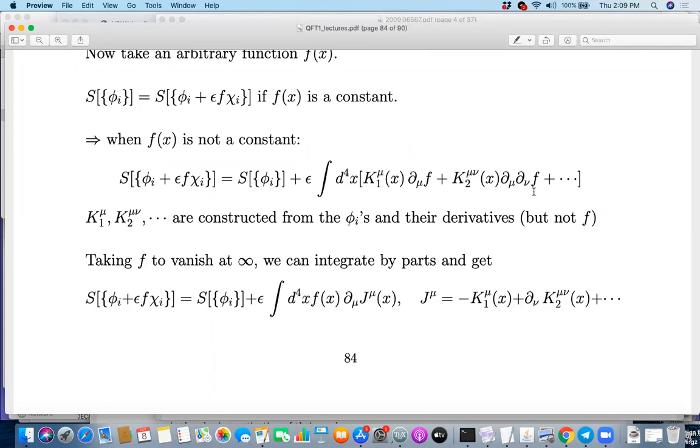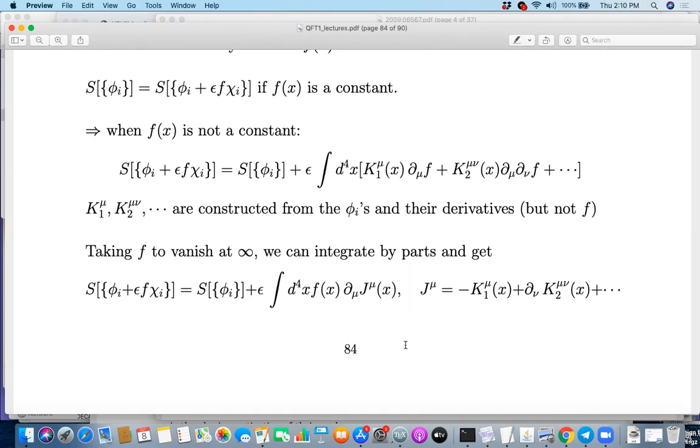If you integrate this by parts, two integrations by parts give you no sign. So del mu times k2 mu nu. But that I just write as del nu k2 mu nu here in the definition of j mu. And then of course there's an extra j mu sitting outside anyway, right? So that will produce del nu k2 mu nu, and so on. So every term that appears this way, because it has at least one derivative, can always be written as del mu of j mu. Is that point clear?